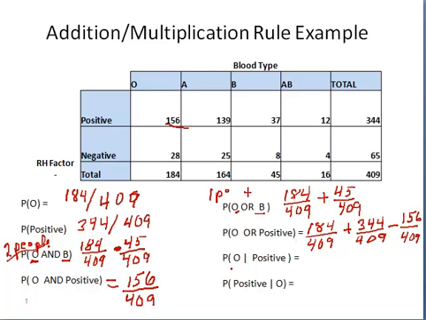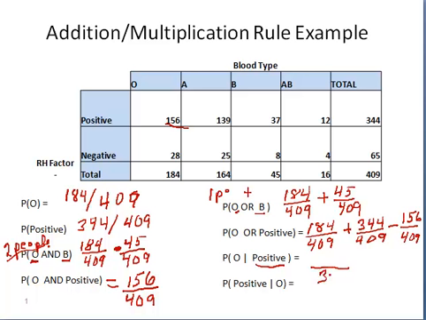Now, what this says is the probability of O given that a person is already positive. That means we're only looking at the set of positive values.